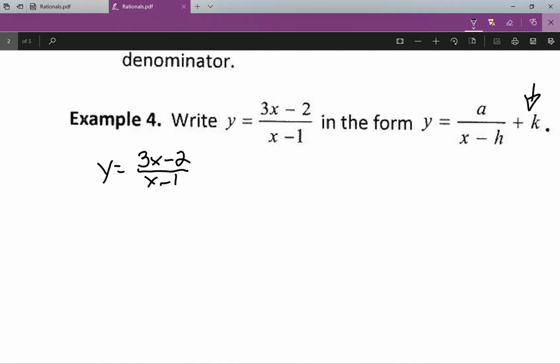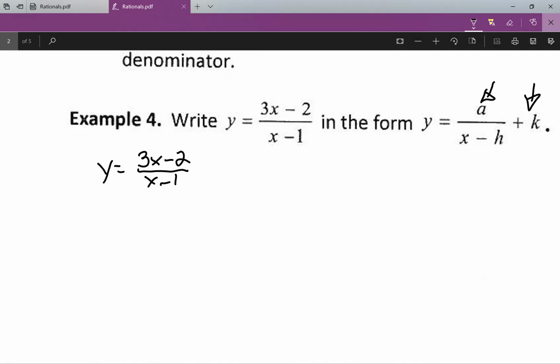You'll notice that in my top right here, there's no x value. So what I need to find a way to do is cancel that x value off the top. But that x value is attached to a 3. So to cancel it off right here, I need to find a way to get that x minus 1 factor.